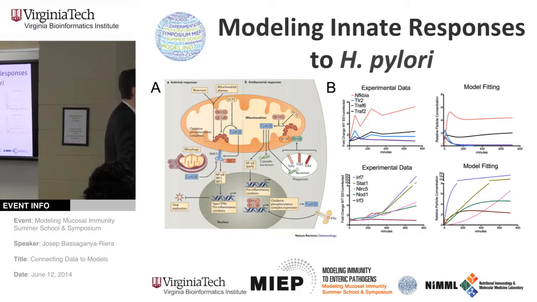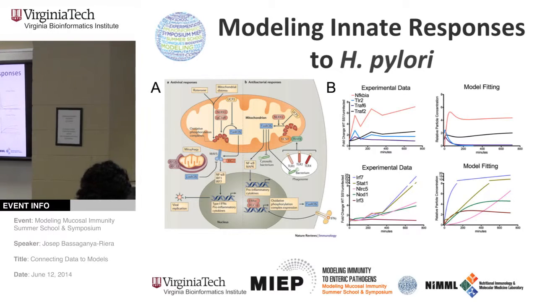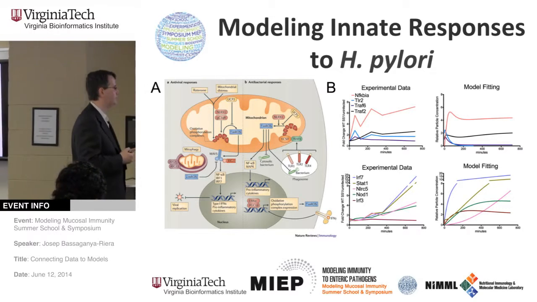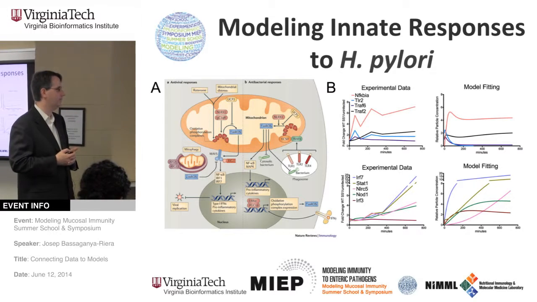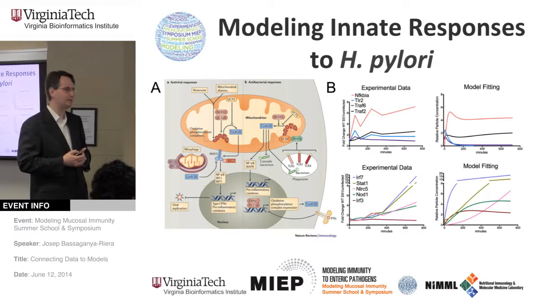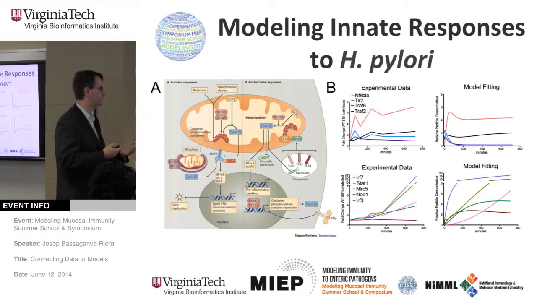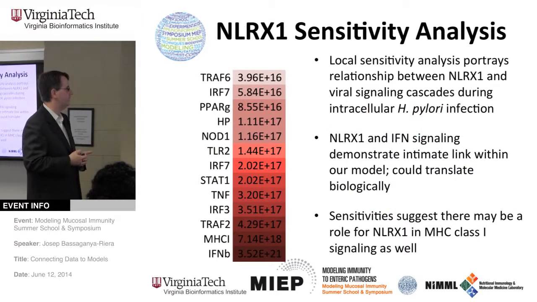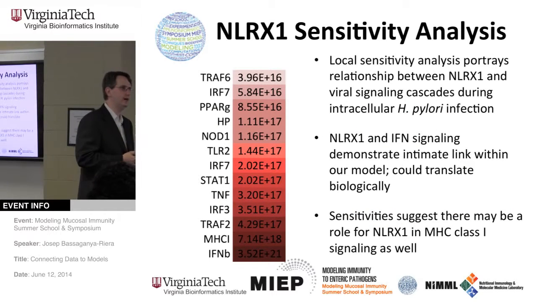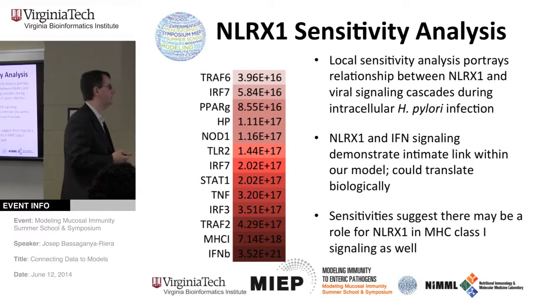If we look at the fitting, our model was able to fit the experimental data well enough. There was a discussion about fitting, and there was a comment from Adri about 5% difference between experimental and computationally generated data. And then we ran a sensitivity analysis in the context of this model.